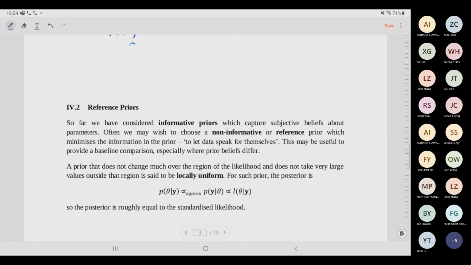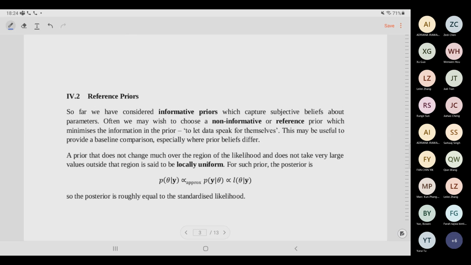Another kind of prior is called the non-informative or reference prior, where we minimize the information in the prior, so as to let the data speak for themselves, supposedly. This may be useful when you want to provide a baseline comparison. In theory, the non-informative or reference prior contains no information, supposedly.